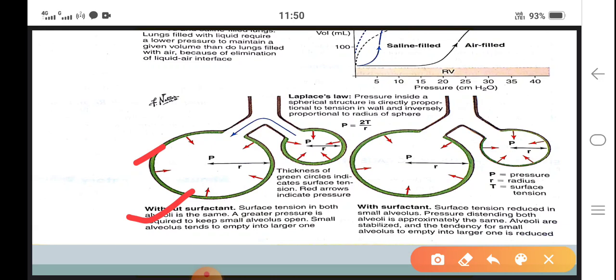Pure water has 72 dynes per centimeter, normal fluids lining the alveoli but without surfactant 50 dynes per centimeter, and normal fluids lining the alveoli with the normal amount of surfactant between 5 and 30 dynes per centimeter.